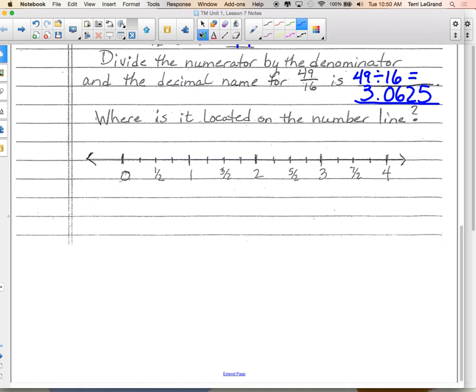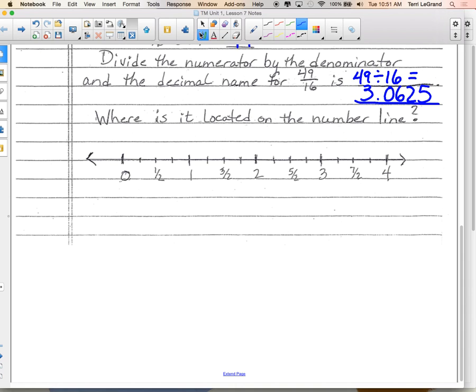Okay, well, what can you tell me? What are all the markings on there? What is it going by in between 3 and 4? What does each marking represent? How much distance does each marking represent? This is important that we understand, because not every number line is written the same. So what do you think, Jerry?